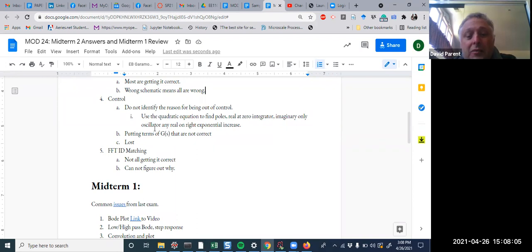But really, the way to answer that part is you use a quadratic equation to find the poles. If the real part is equal to 0, it's an integrator. If it's only imaginary, it's an oscillator. And anything real on the right will cause an exponential increase. Those are the correct ways to answer that.